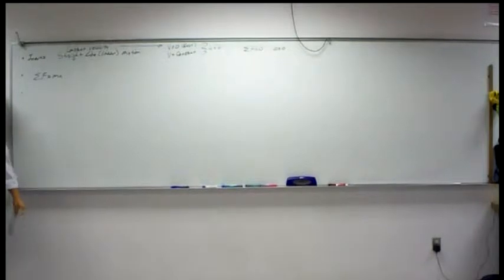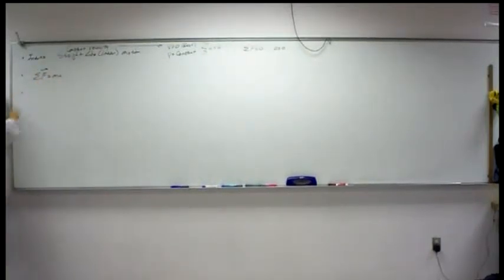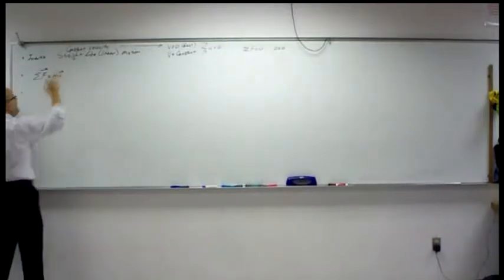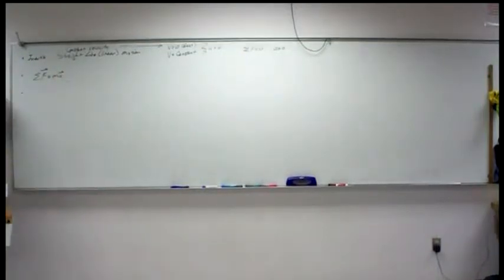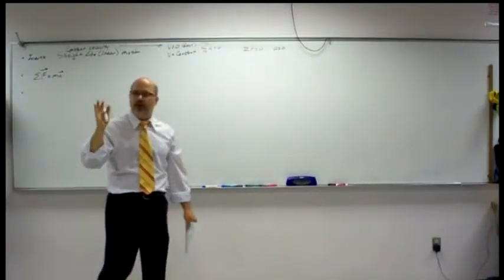It's going to accelerate. And this is a vector equation, so the net direction of the force will be the net direction of the acceleration. Acceleration comes in two varieties: centripetal acceleration and tangential acceleration.